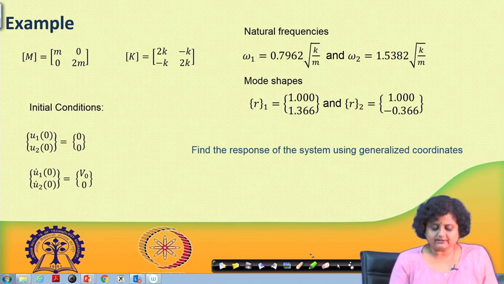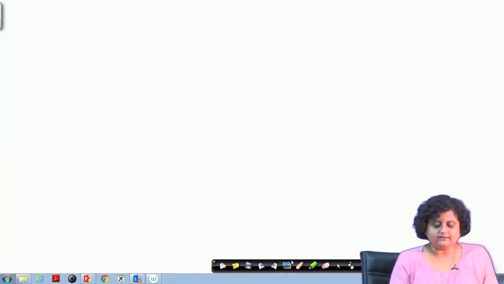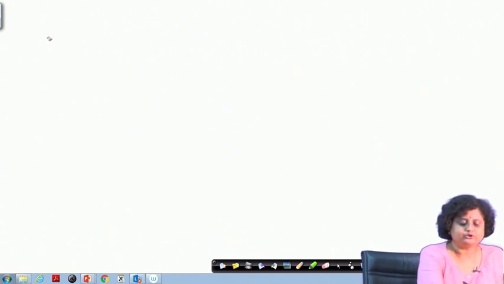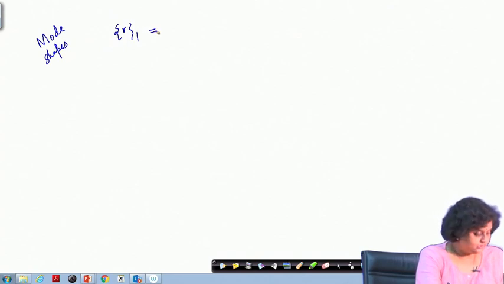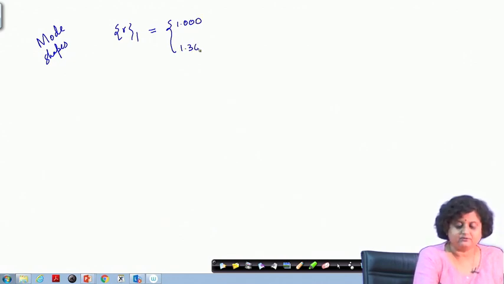So, the first thing that we are going to do is find the mode shapes, which are given as R1, which is 1.00 and 1.366.